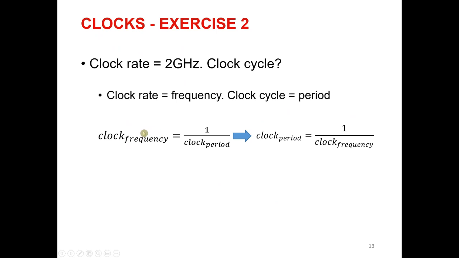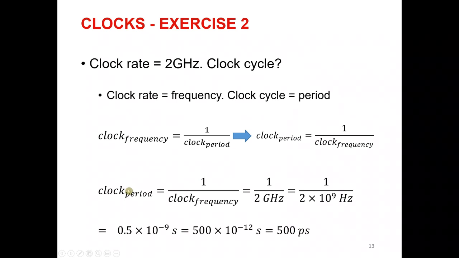We have seen that the clock frequency is the inverse of the period, which is the same as saying that the clock period is the inverse of the clock frequency. Then if we apply this formula, the clock period is the inverse of the frequency. So here, if the frequency is 2 gigahertz, then 1 divided by 2 gigahertz will be the clock period. Gigahertz, we have seen, is the same as 10 power 9 hertz. So if we do this division, we get 0.5 multiplied by 10 power minus 9 seconds.